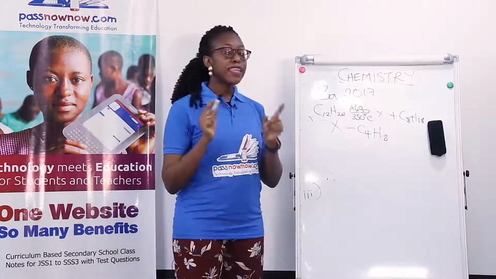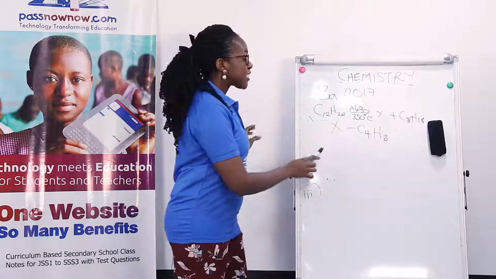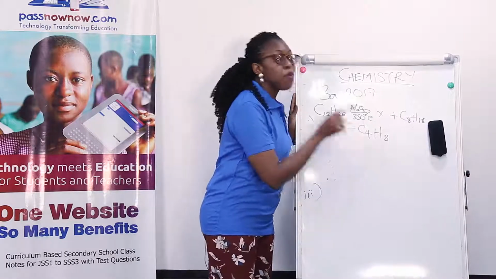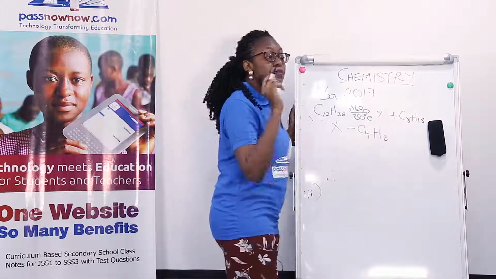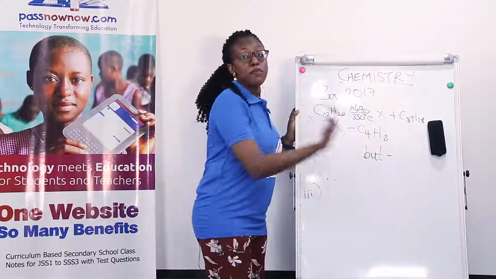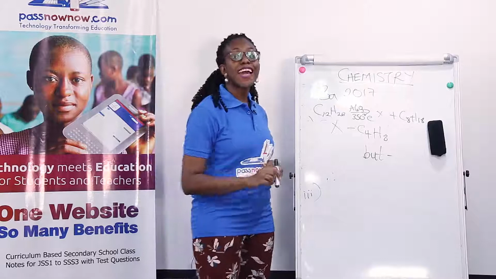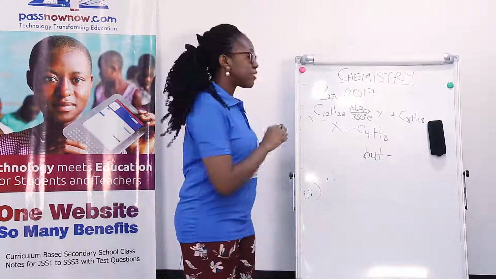We can determine that by first finding the number of carbon atoms. We know X has 4 carbon atoms, meaning that it has a prefix starting with but. So it is a but-something: butane, butene, or butyne. How do we find out which group of hydrocarbon this falls into?